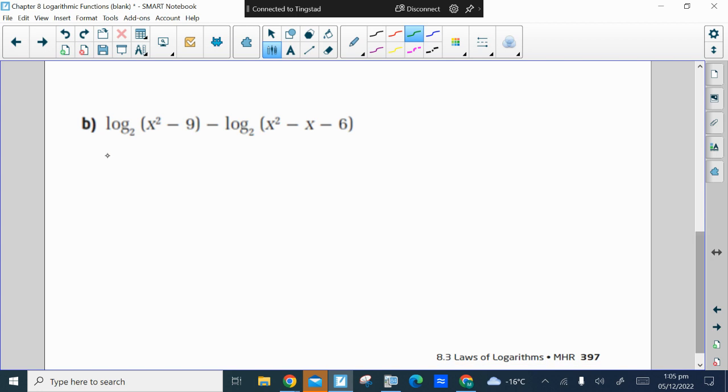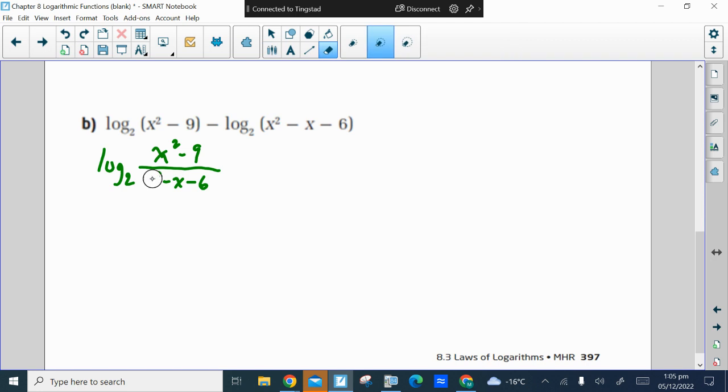Question B, we can combine those two by using the quotient law. And then, like we did on the previous page, we can simplify this by factoring. X squared minus 9 would be x plus 3, x minus 3.